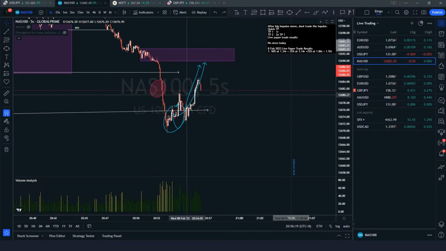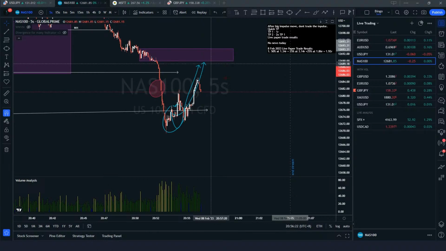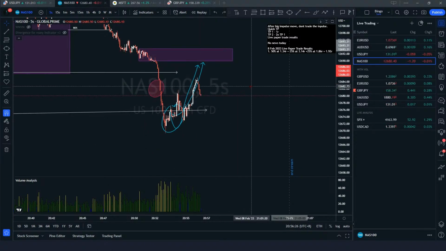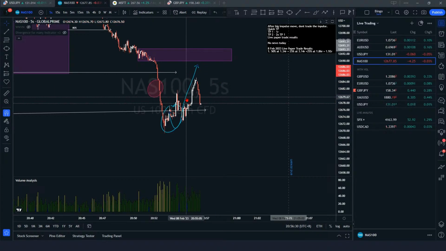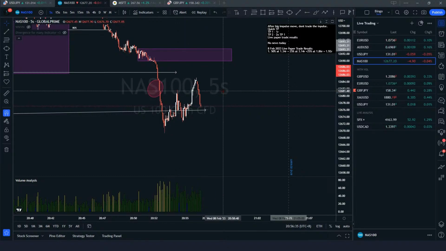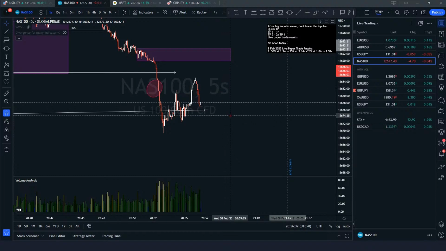Okay, price is playing out very nicely. So unfortunately, we do not have any confirmation for a long. So keep your hands to yourself and wait.